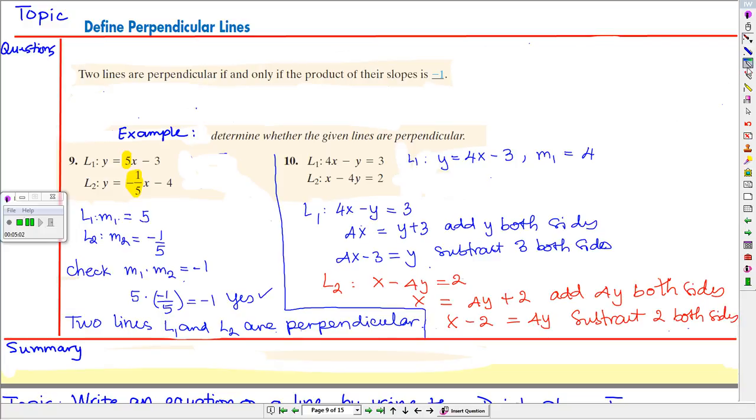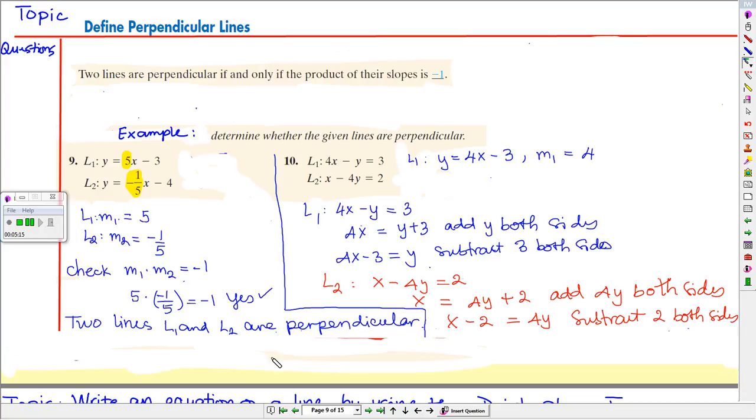And the next step is to divide both sides by 4 to get y by itself. So we have x over 4 minus 2 over 4 equals y.